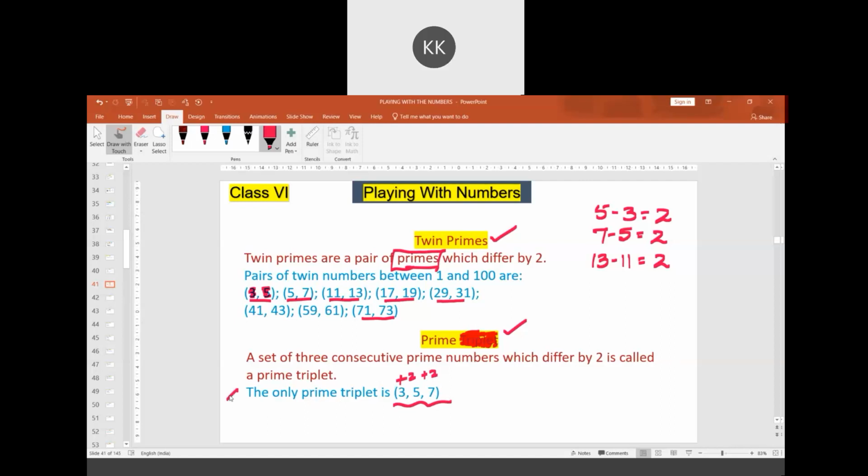And remember, friends, this is the only prime triplet. There cannot be any other prime triplet like 3, 5, 7. So in the examination, if they ask you to mention the prime triplet, you have to write 3, 5, 7 only. There cannot be any other numbers.